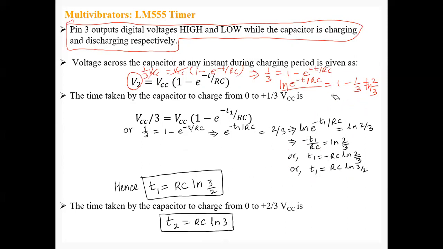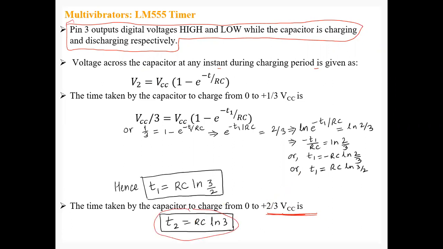Similarly, the time it takes for the capacitor to charge from 0 to 2/3 of VCC is this. So what is the difference between T2 and T1?